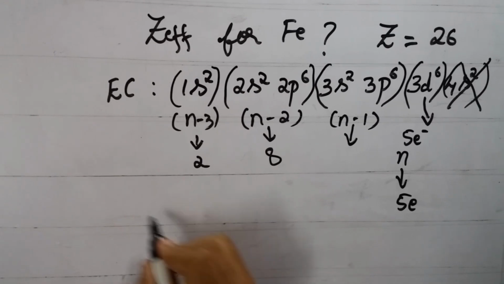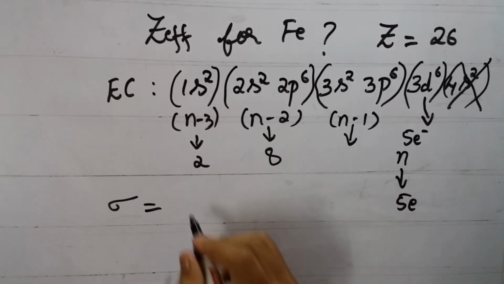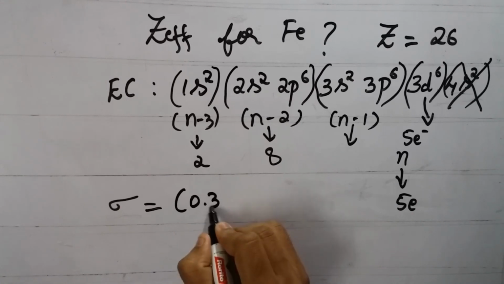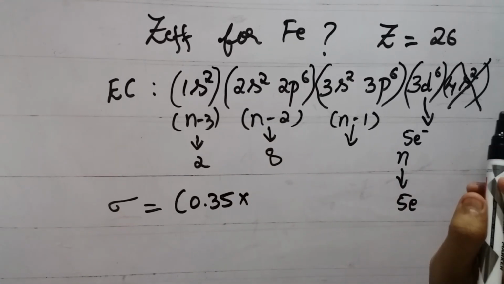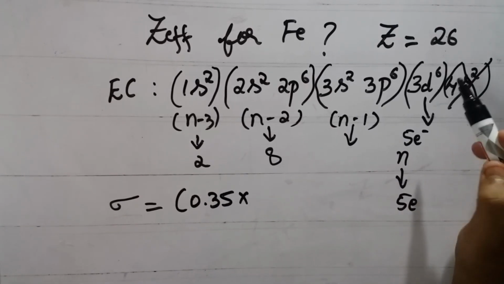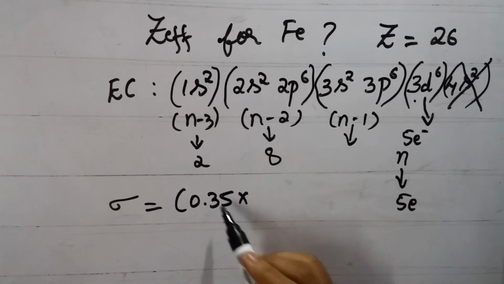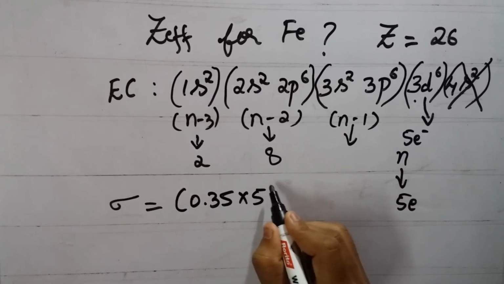Now the sigma value would become: the n shell would contribute 0.35. According to the d and f rule, since we are calculating the Z effective of an electron present in d, it is 0.35 into the number of electrons in the n shell, which is 5.